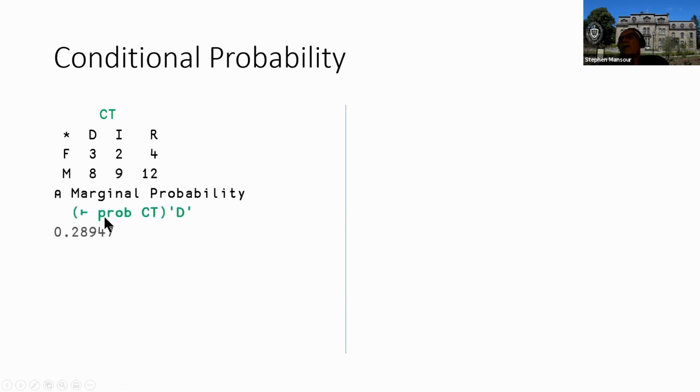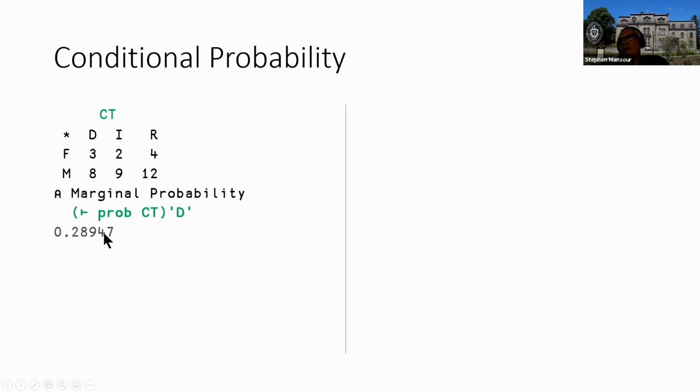The right operand, of course, is the matrix, and the right argument is D. I don't care what's on the left, so I can just use right tack to get the probability the student is a Democrat, which is 11 out of 38. That's what we call marginal probability.